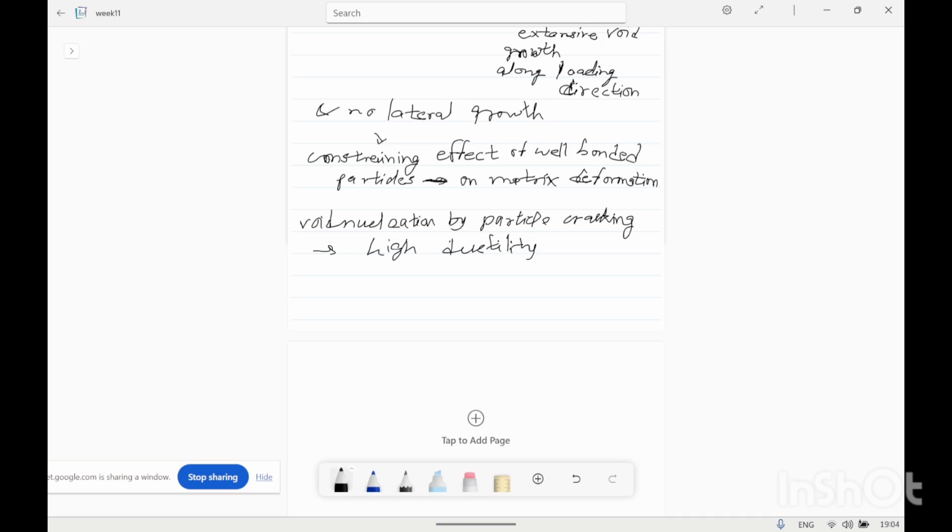The particles are bonded with the matrix strongly and the ductility will be high, in this continuously reinforced matrix, ductility and toughness both.